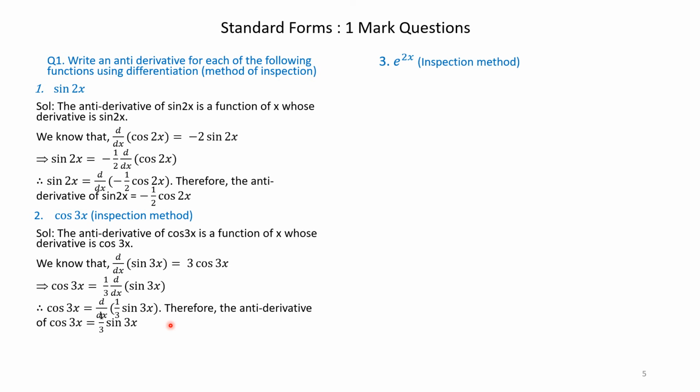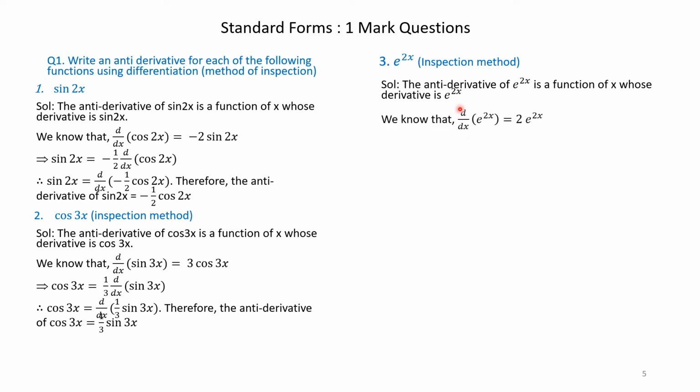Third question. E to the power of 2x. That is, write an antiderivative of e to the power of 2x using differentiation. The antiderivative of e to the power of 2x is a function of x whose derivative is e to the power of 2x. We know that d by dx of e to the power of 2x is 2 into e to the power of 2x, because the derivative of e to the power of x is e to the power of x itself.